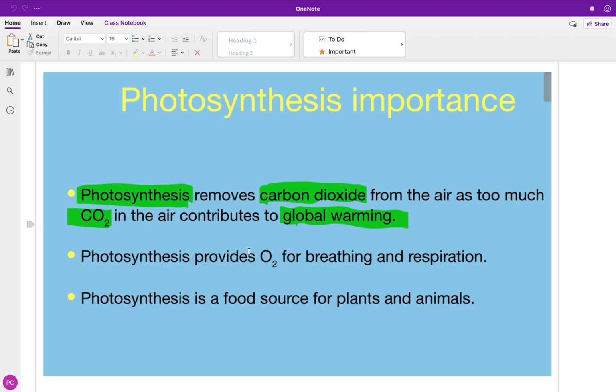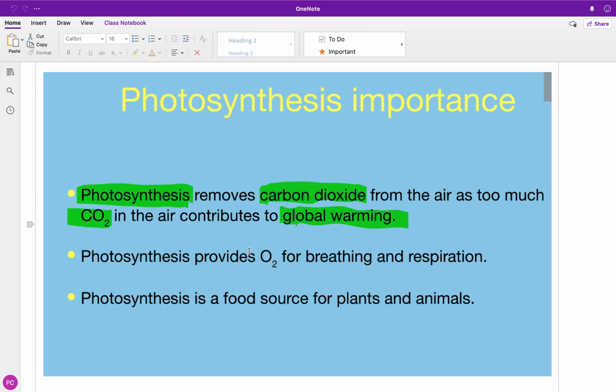I've probably told this before, we made this kind of deal with plants years and years ago. We said to them, right, listen, if you take the carbon dioxide and you give us out oxygen, we'll use the oxygen in our lungs and we'll give you carbon dioxide. And that was a nice deal, because we need the oxygen, they need the carbon dioxide.